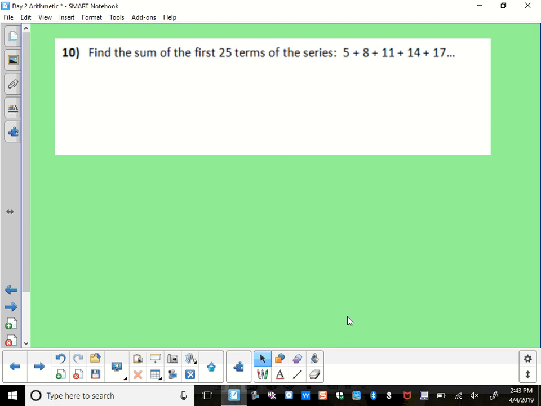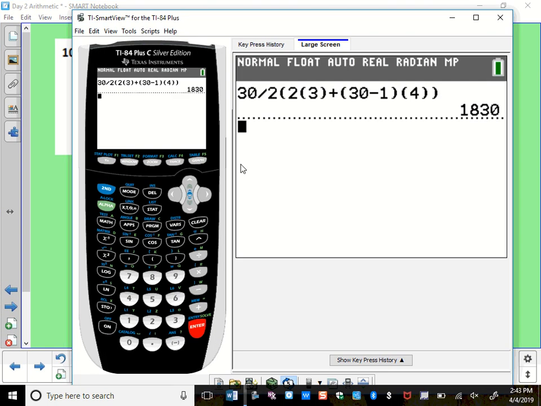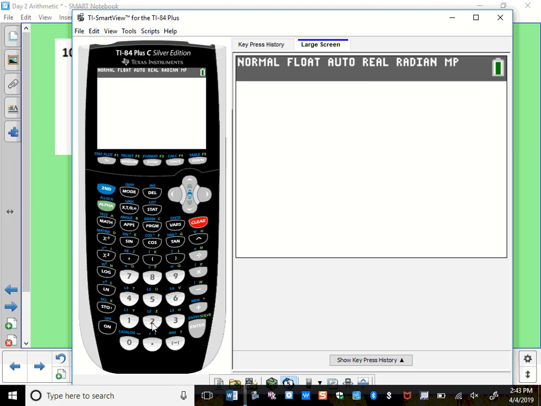Anyone got an answer for number 10? Should be 25 divided by 2, parentheses, 2 times, what's my first term? 5 plus, why 3?